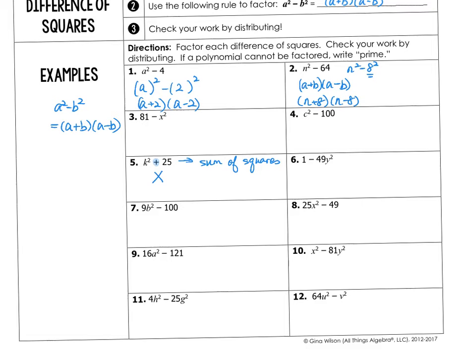I'll skip around a little bit. Number 8. If I have to write it into a squared minus b squared, how do I rewrite it into a perfect square? 5x times 5x gives me 25x squared. 49 is 7 squared. Therefore, this is 5x plus 7 times 5x minus 7.